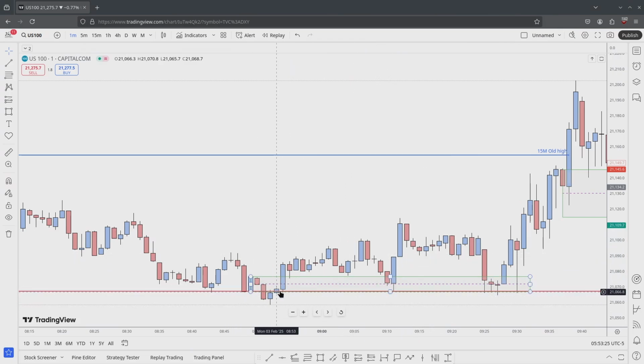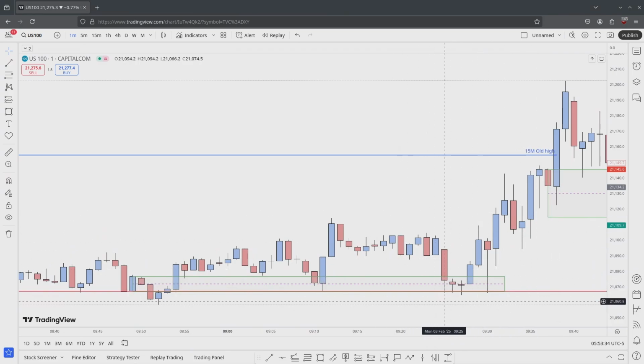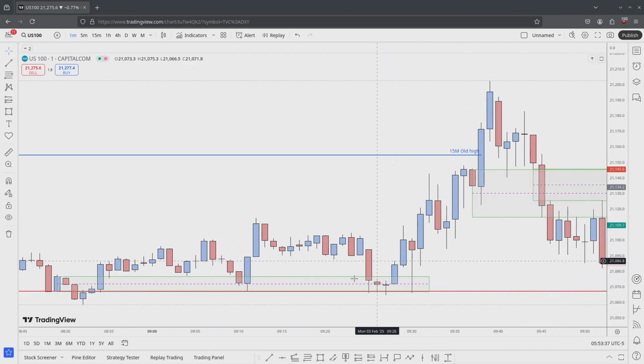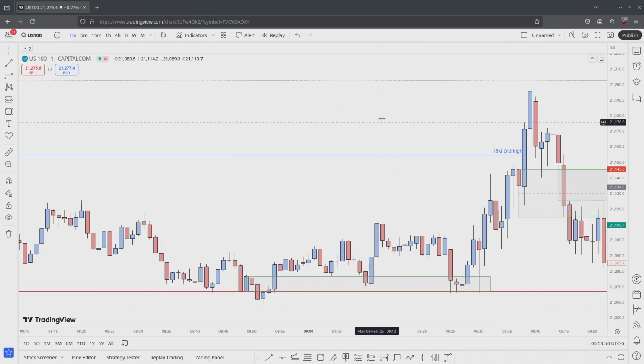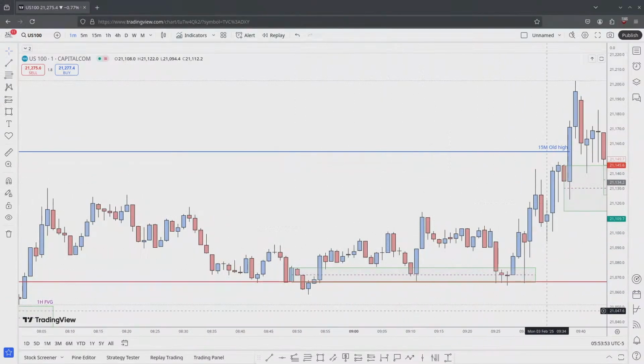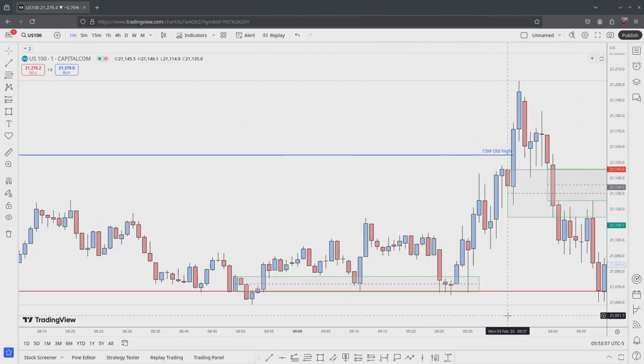I like to see price be clean, come back to my breaker block, and rally away. So I didn't like that, so I opted to not take the trade. Left it to run, 9:30. We came back one last time into breaker block, immediate rejection, and a move higher, which followed after the fact. I didn't like the price action, so I opted to not take that position since it was a lower probability trade.